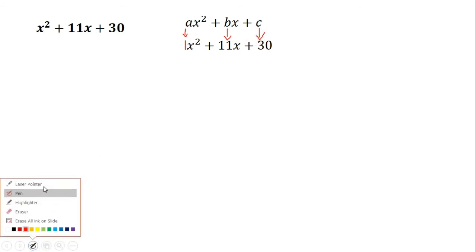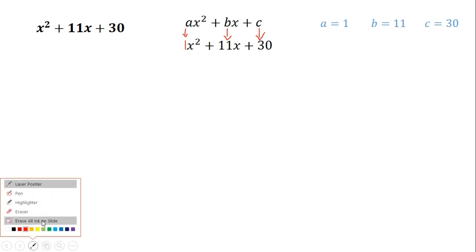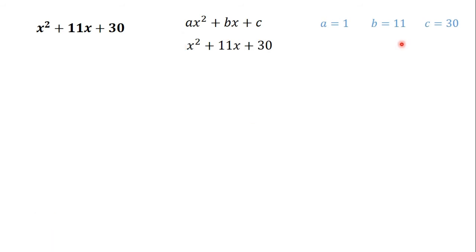By comparing this quadratic trinomial with the general form, we can see that a is 1, b is 11, and c is 30. So now we have the values of a, b, and c.